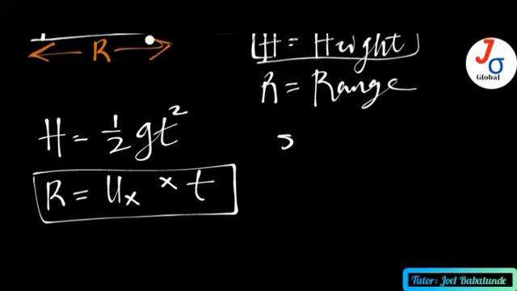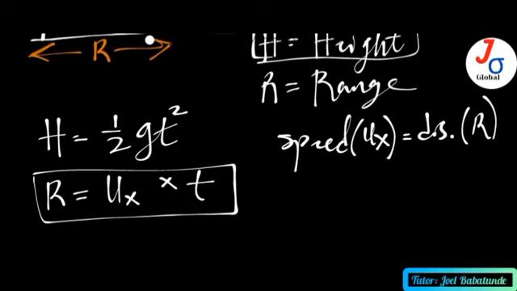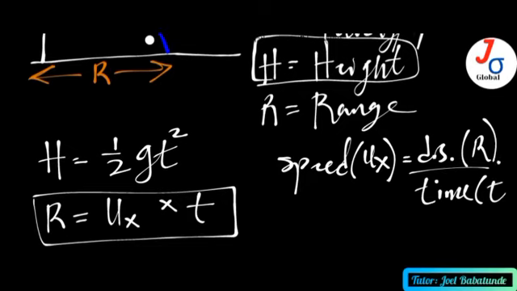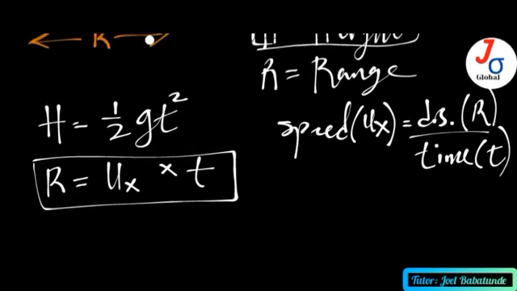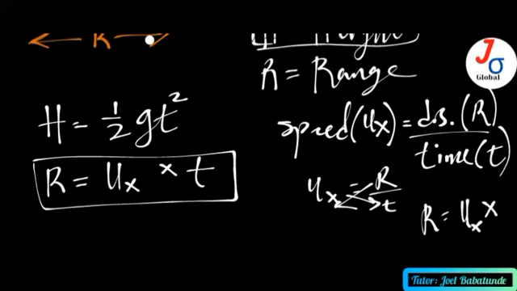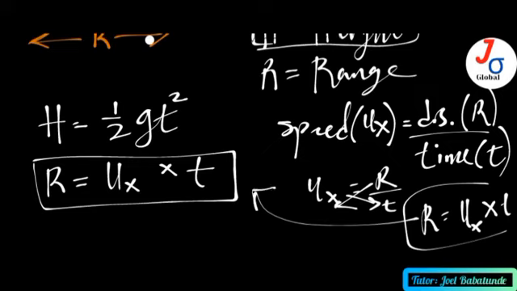So that brings us to the formula: speed, that is UX, equals distance, that's range, over time, that's T. So that gives us UX equals R over T. And so if you cross multiply, then R becomes UX multiplied by T. And so that's how this formula was gotten. So speed equals distance over time.